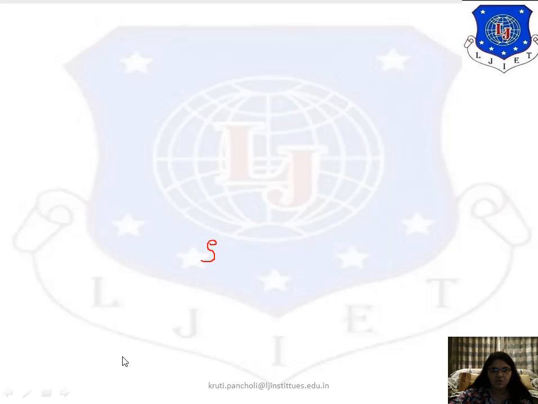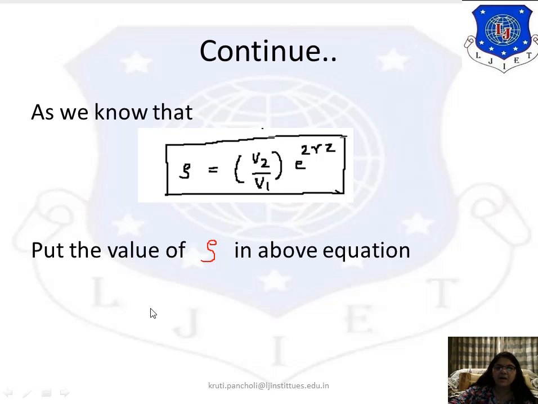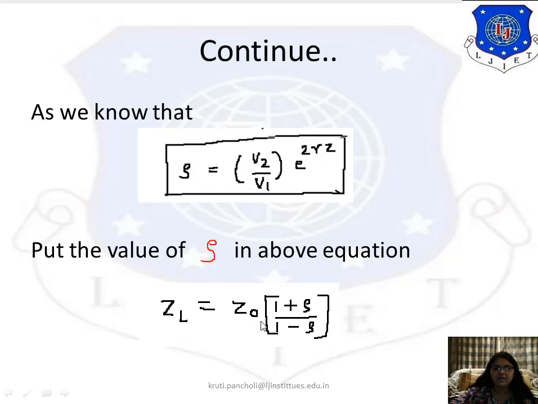It is rho. So now we put the value of rho in that equation, and ZL is equal to Z0 times 1 plus rho upon 1 minus rho.